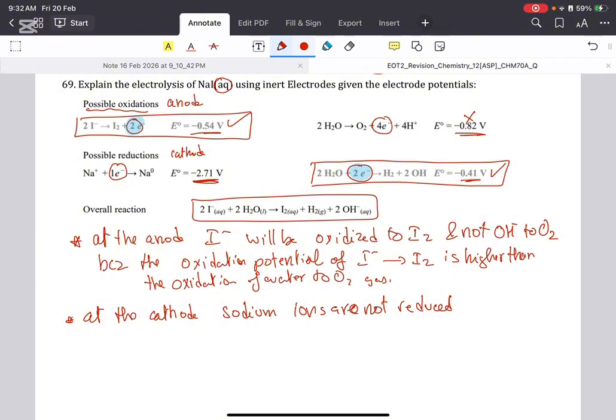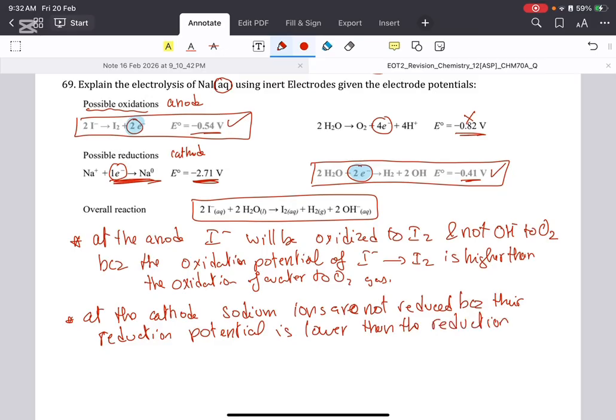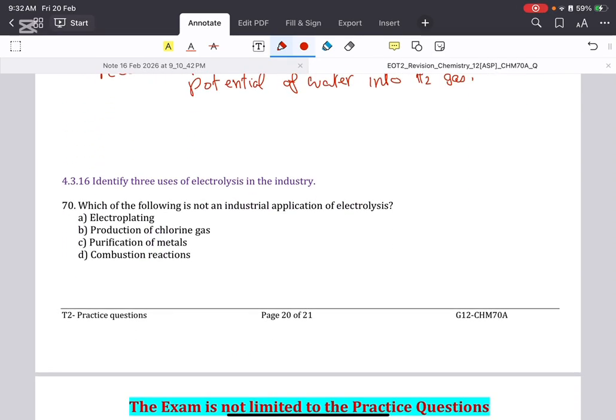Either way, because their reduction potential is lower than the reduction potential of water into hydrogen gas. So I hope that this is clear.